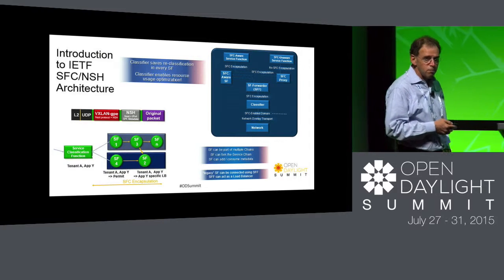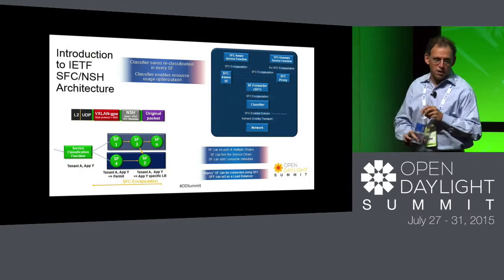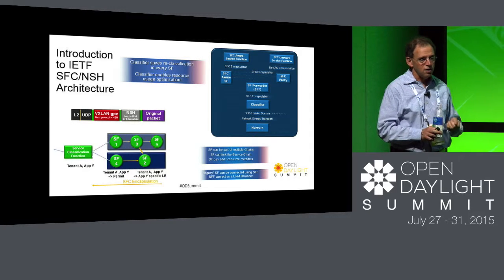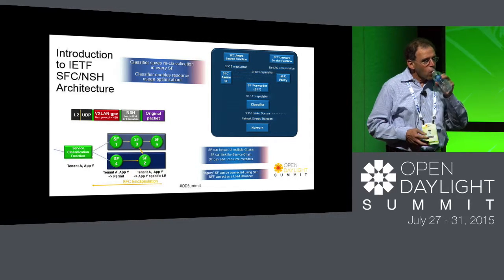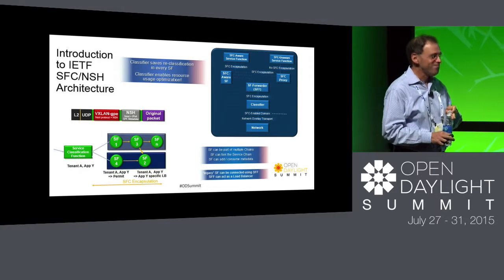And you can have also nested NSH. So that's an interesting topic that came up last week in the IETF. Because in the forwarding graph, it's been defined by edges that you can have nested graphs, right?